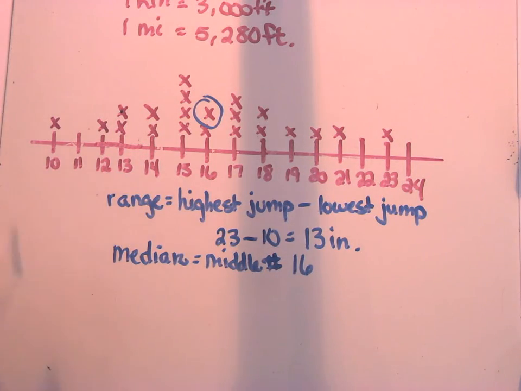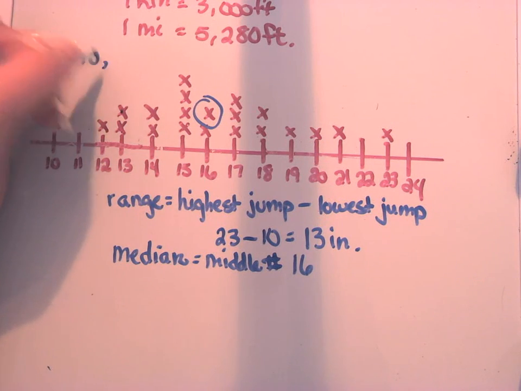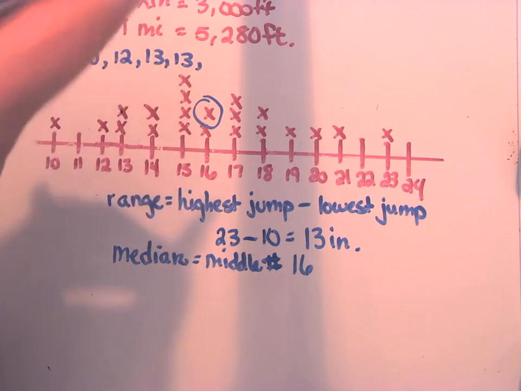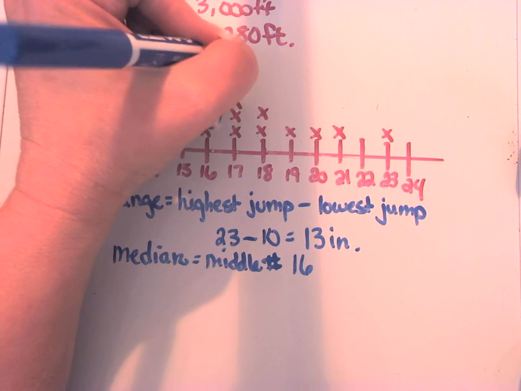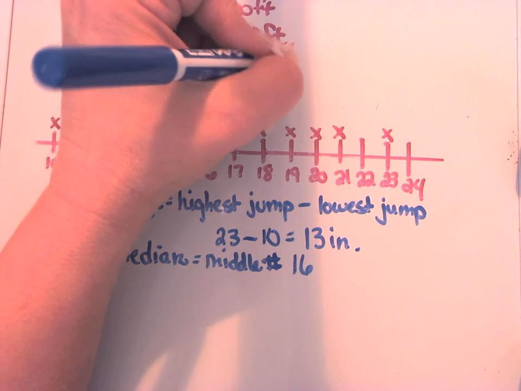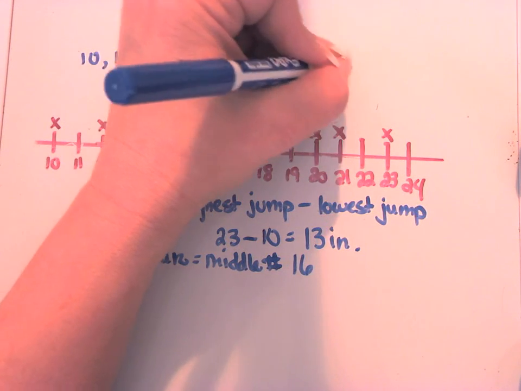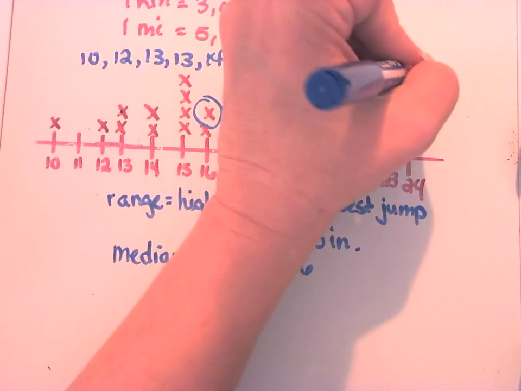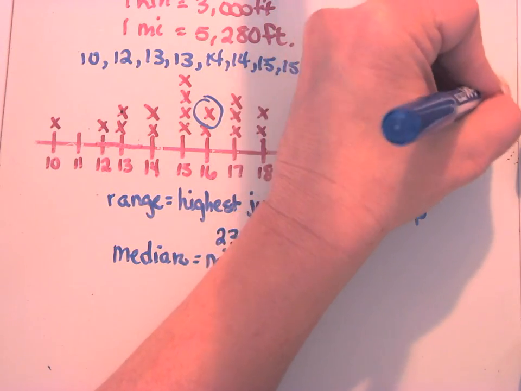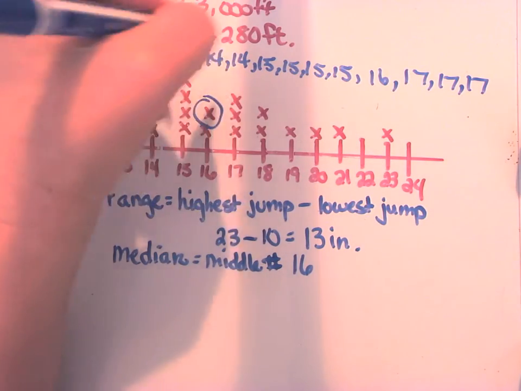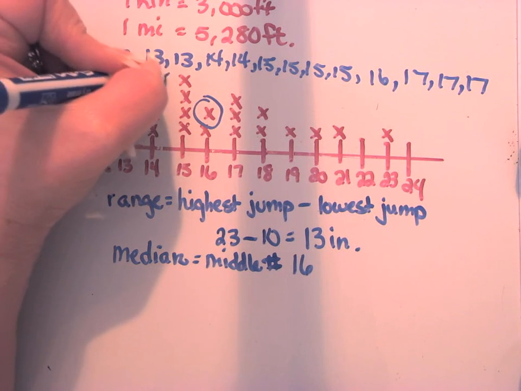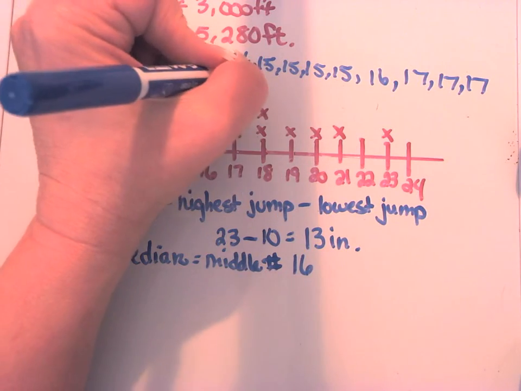Sometimes I think it's easier when you have a line plot to write out the actual numbers. So to write out 10, 12, I have two 13s, so I'd write out two 13s. I'd have two 14s, so I write out two 14s. And go all the way down the line that way, and once you have them all written out, what do we have? Three 17s. Okay, and underneath here then we have two 18s, a 19, a 20, a 21, and a 23.